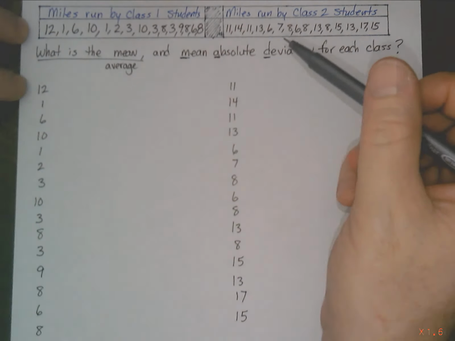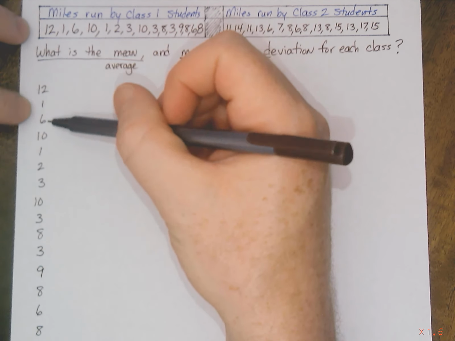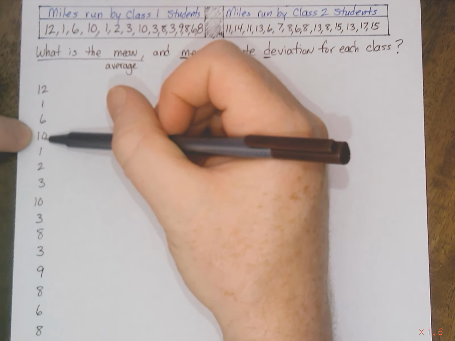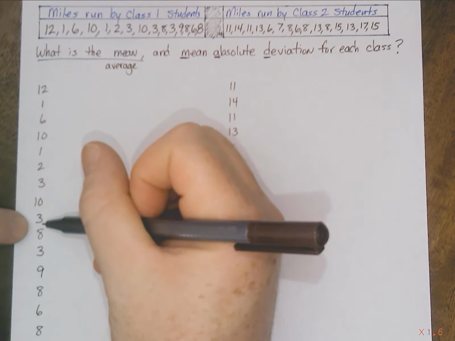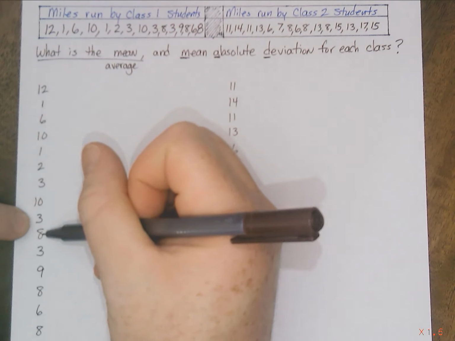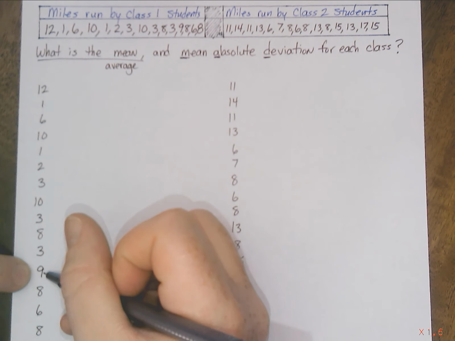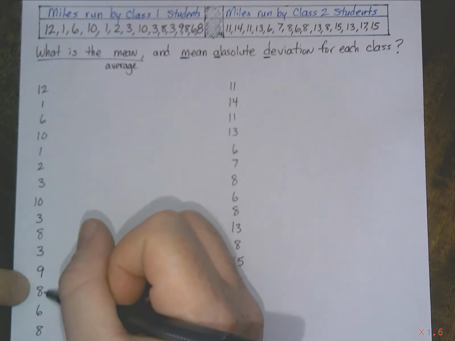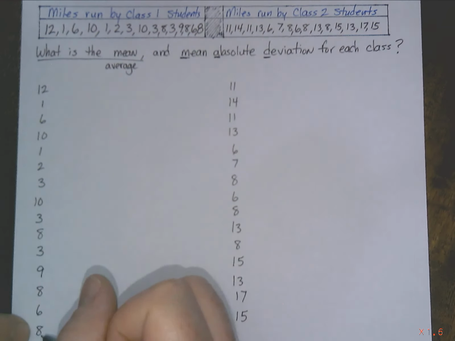So let's go and add it. All right. 12 plus 7 is 19. 19 plus 1 is 20. 20 plus 10 is 30. 35, 45. 45, this is 6 plus 8 is 14, so 45 plus 14 is 59. 59 plus this 9 is going to be 68. 68 plus 8, 76. 76 plus 6, 82. 82 plus 8 is 90.